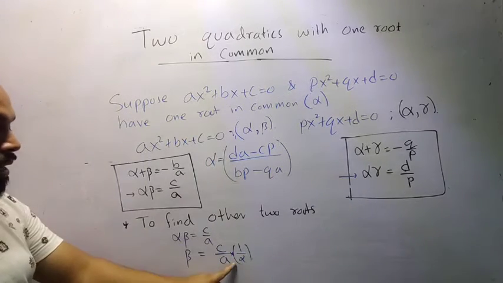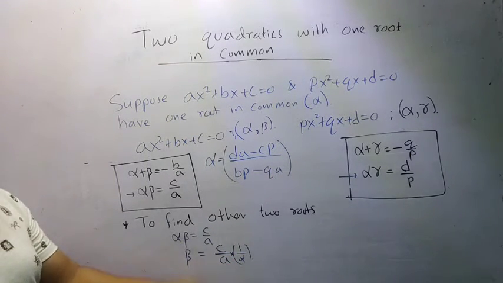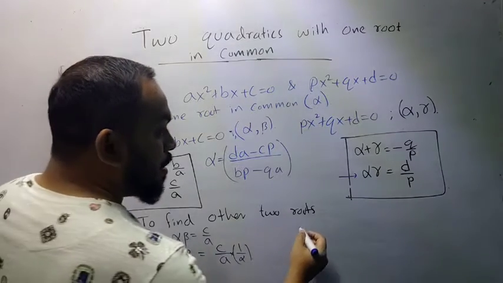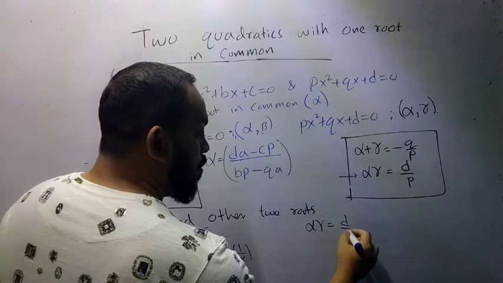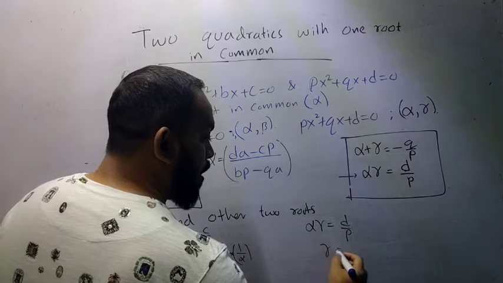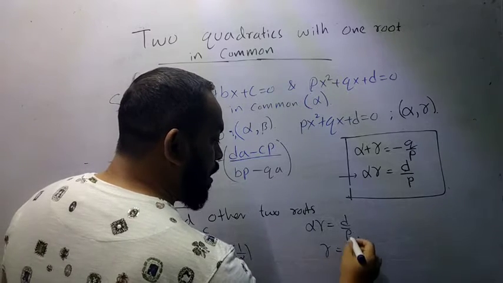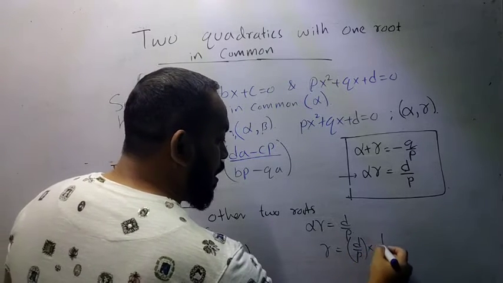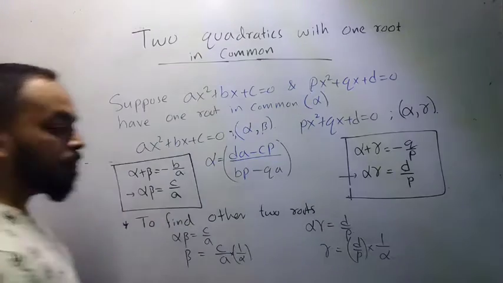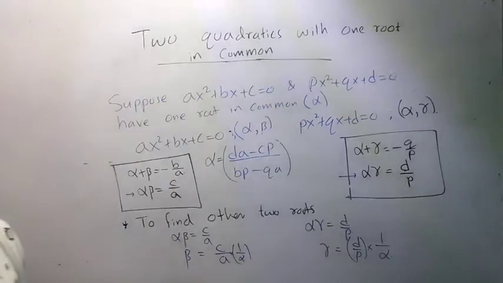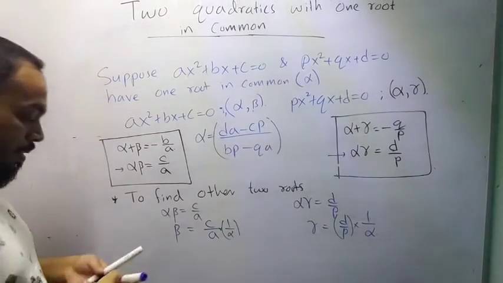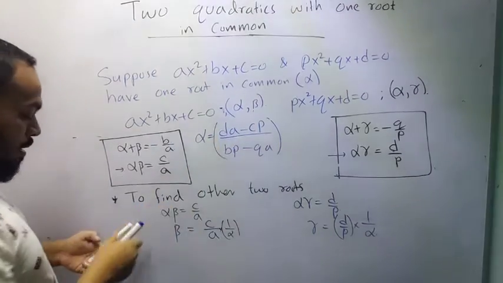If you like, you can put A alpha. The other relationship, alpha gamma equals D over P, so gamma would be D over P into 1 over alpha. I wrote the reciprocal so it's clear to you. Now I can just take the reciprocal of this.